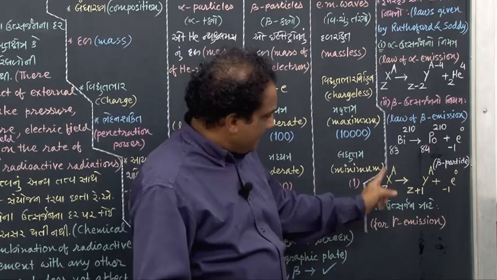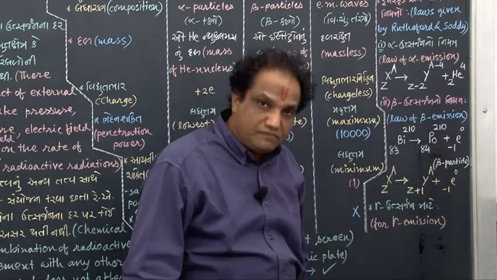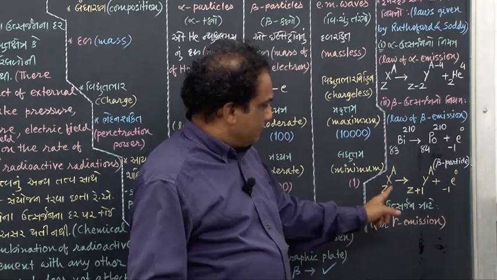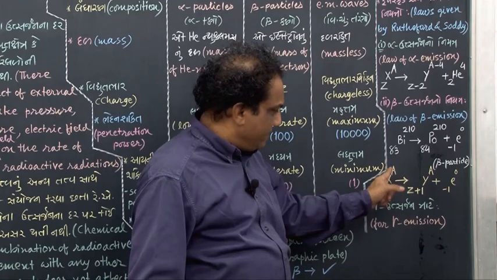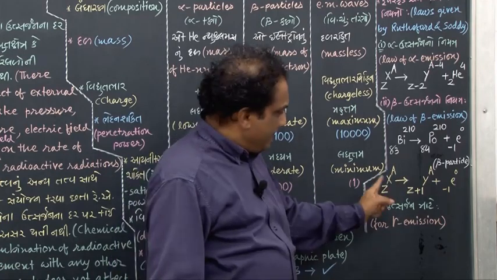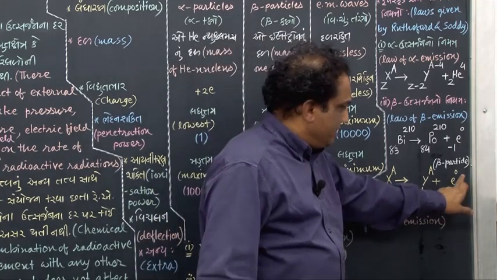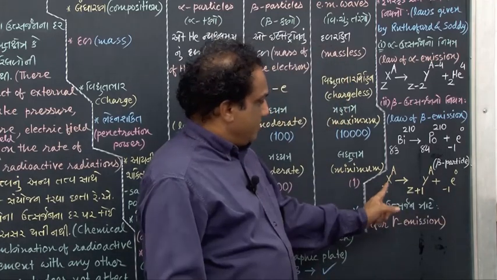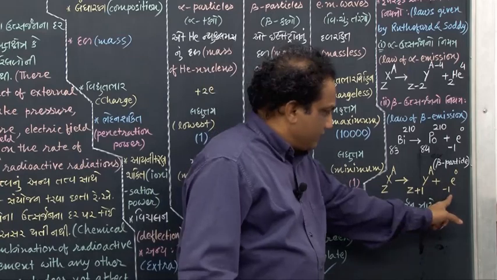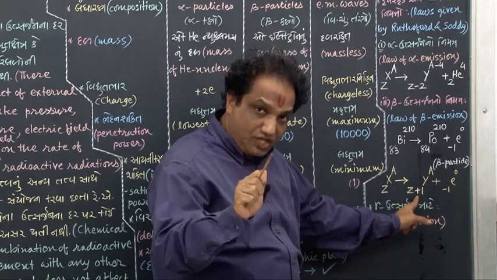Fine. How would you express this reaction? In general, come on, symbolically ZXA, if this is parent nucleus and if it emits one beta particle, that is electron, minus 1 E0, then tell me here Z, here it is minus 1, so here I must write Z plus 1.